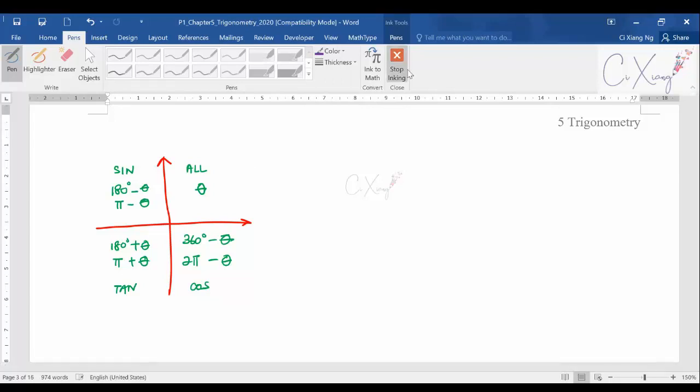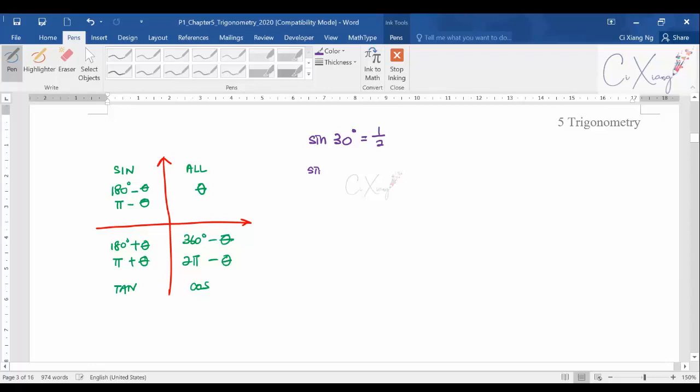As an example, just now you know that sine 30 is equal to half. Now I want to know how you can get the value for sine 150. Most students, when you learned last time, maybe just pressed the calculator and the calculator told you the value is half. So you just get a half, right?